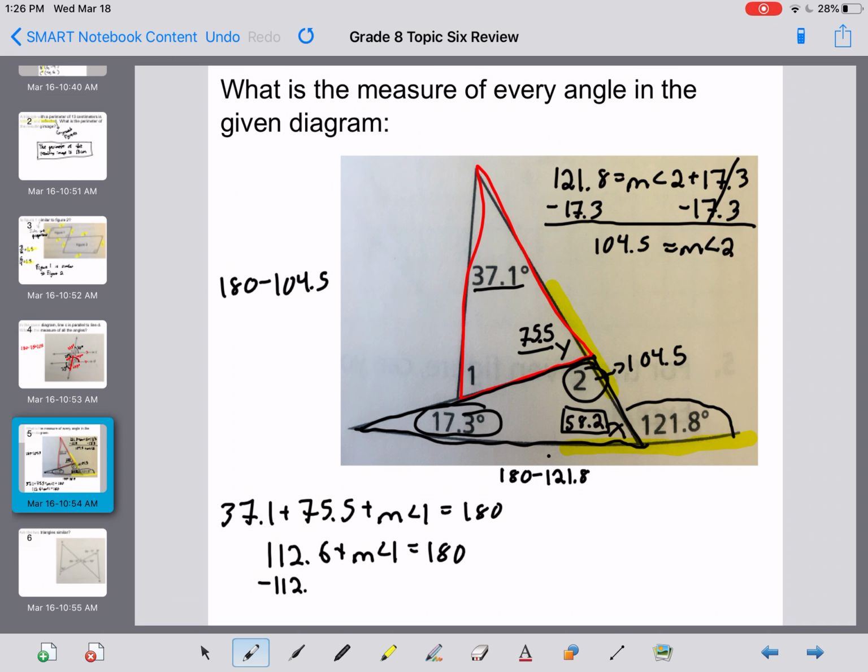Now to solve for the measure of angle 1, I can subtract 112.6 from both sides. And I'm left with the measure of angle 1 equals 180 minus 112.6, which is equal to 67.4. So the measure of angle 1 is equal to 67.4 degrees.